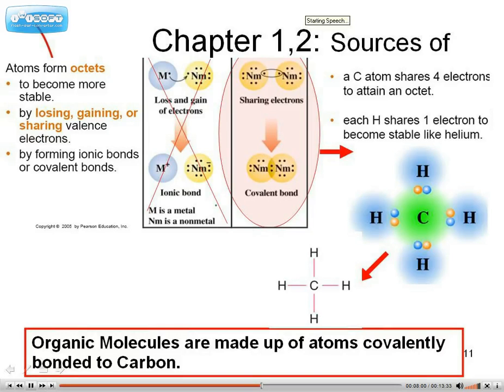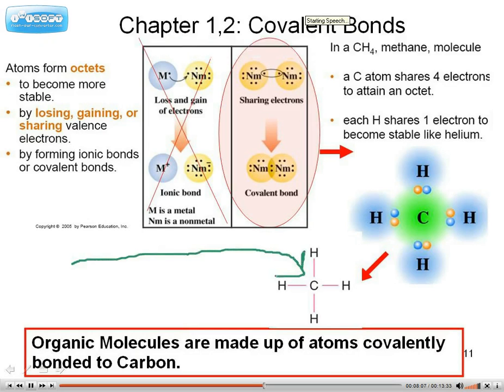I want to point out for organic chemistry, we tend to focus on only covalent bonds. So in this slide right here, I'm going to go ahead and highlight the word covalent bond.